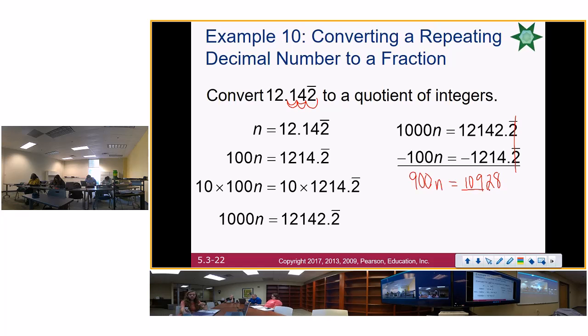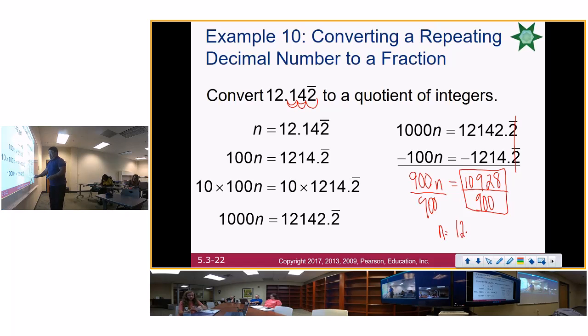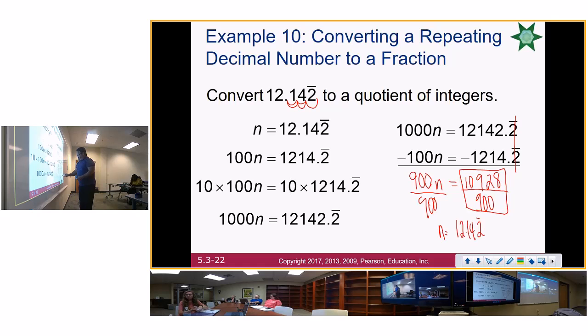Now divide by 900. What do you get? 12.142222. Yeah. Okay, this is your fraction, because when you divide it, you get what you started with, 12.142 repeating. So here is your answer.